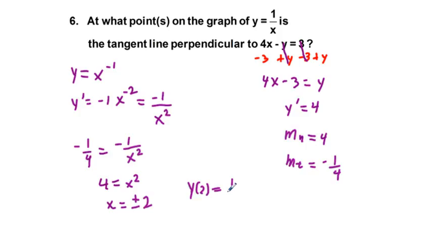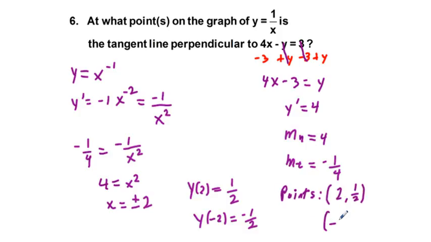It's going to be equal to 1/2, and y sub negative 2 is going to be negative 1/2. And so our points are going to be 2 comma 1/2 and negative 2 comma negative 1/2.